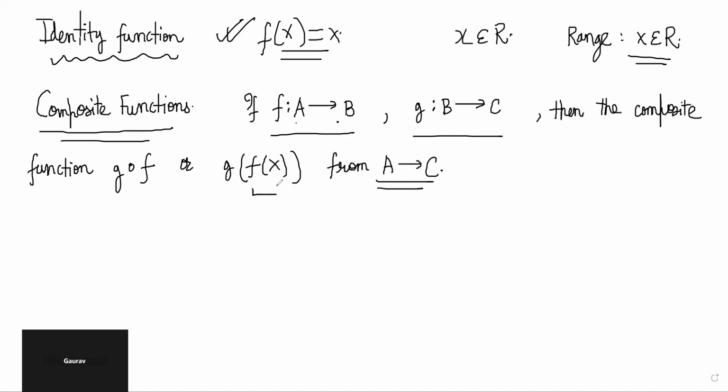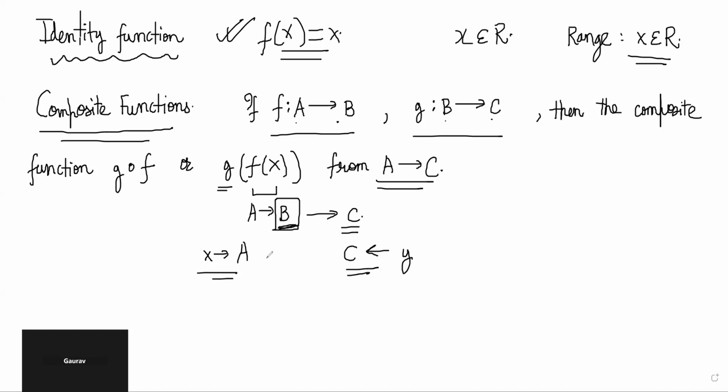Because first you have f of x, which takes inputs from A and gives outputs in B. And then that output that is in set B is given as input to the g function. So the f function values are given as input to the g function, and the g function will take it to C finally, right? Yes. Because g is from B to C. So finally, you are giving inputs x as A and you are getting outputs C as y, right?